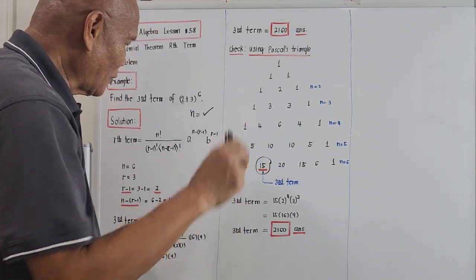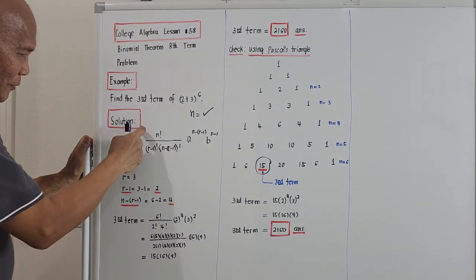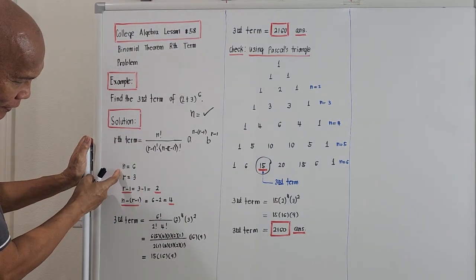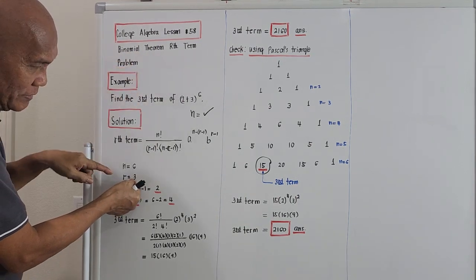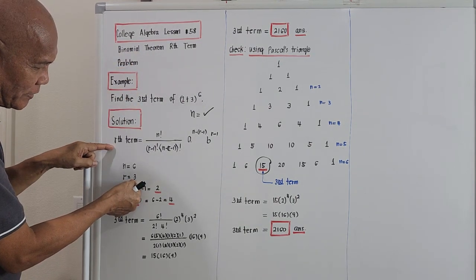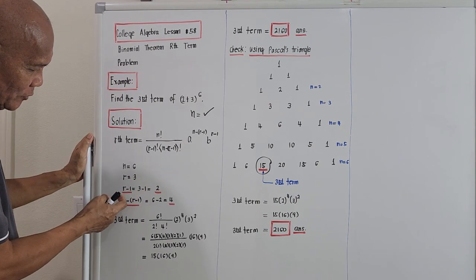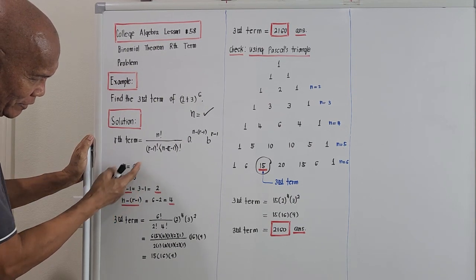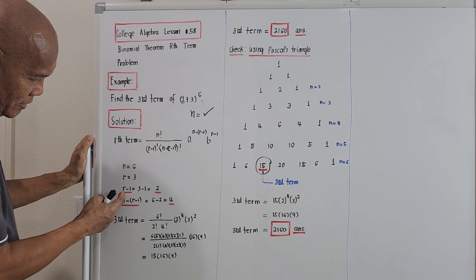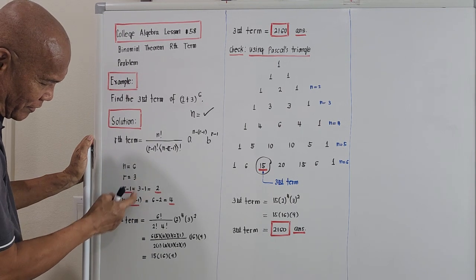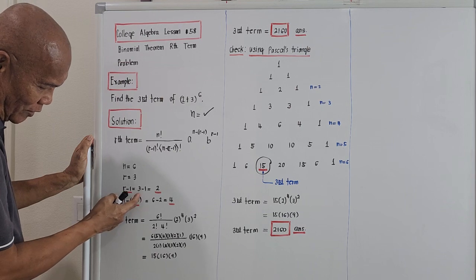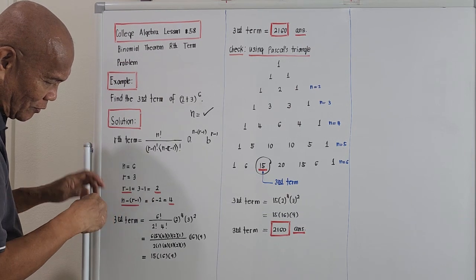But by using this formula, if n is equal to 6, r will be 3. It's the rth term. We need r minus 1, which is 3 minus 1, equal to 2.